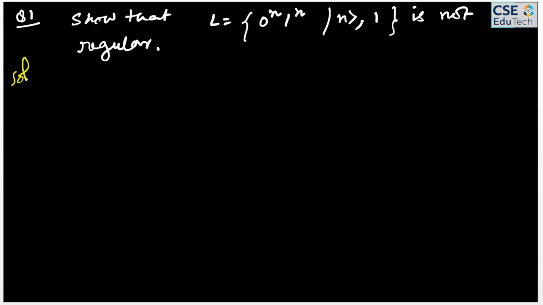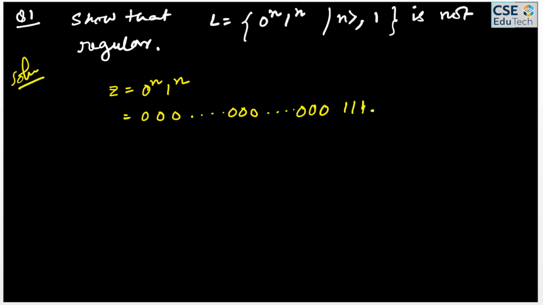Solution. By the pumping lemma we can write that Z is equal to 0 to the power n and 1 to the power n. What is the meaning of this? It means 0 0 0 and then 1 1 1. Initially we assume that L is regular, right?